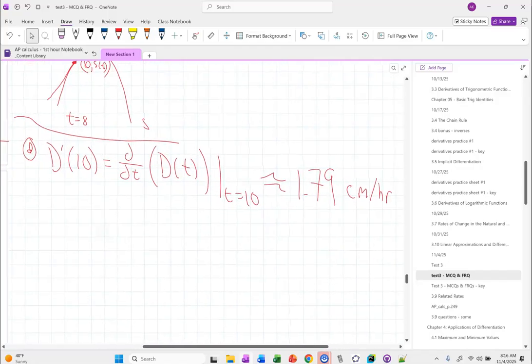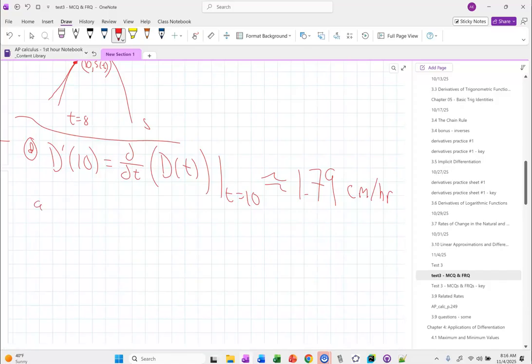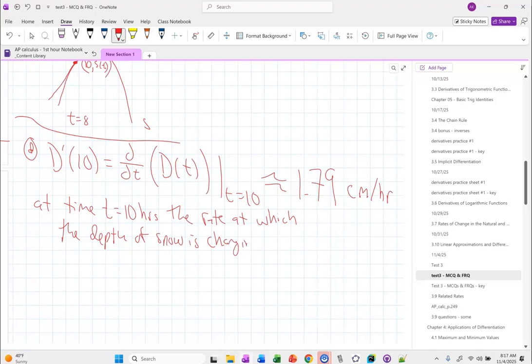And then the context, what this means in the context of the problem, we'd say at time t equals 10 hours, the rate at which the depth of snow is changing is 1.79 centimeters per hour.